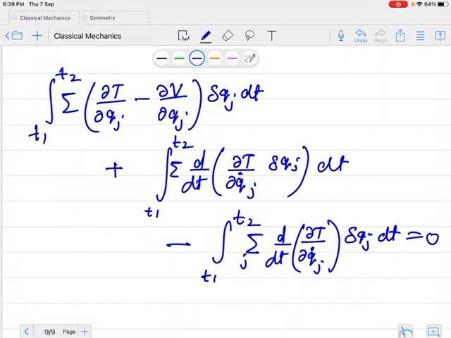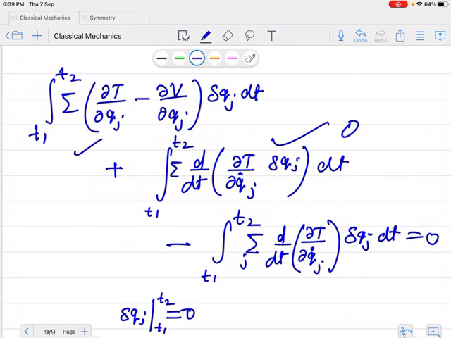In such a variation there is no coordinate variation at the end points, so delta qj at the end points is 0. So this term goes to 0, because it is a total variation.